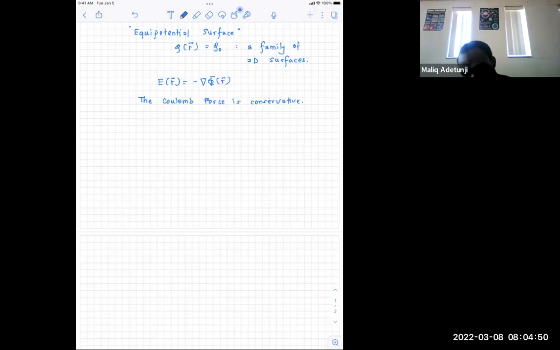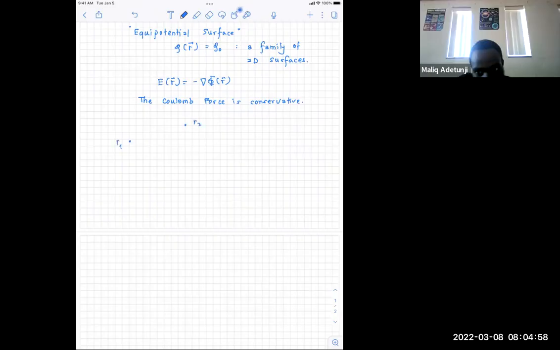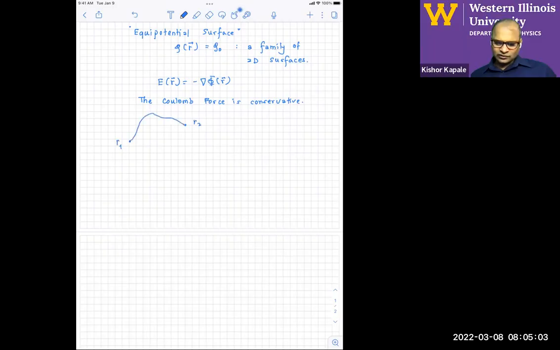The curl will be 0, right? If I remember correctly. So let's fix the 2 points, R1 and R2. What we mean by conservative is if you take a test charge along path 1 from R1 to R2, or you take the same test charge along the lower path from R1 to R2, you get the same work done.